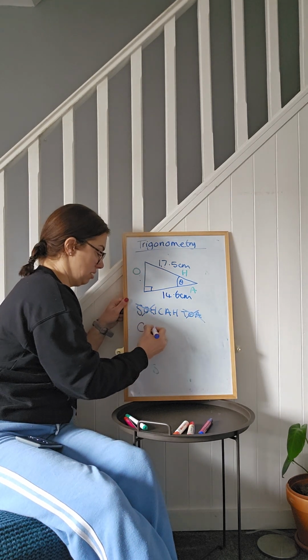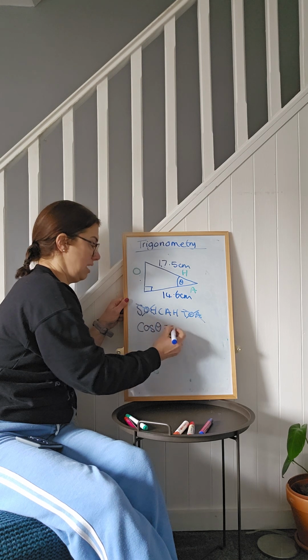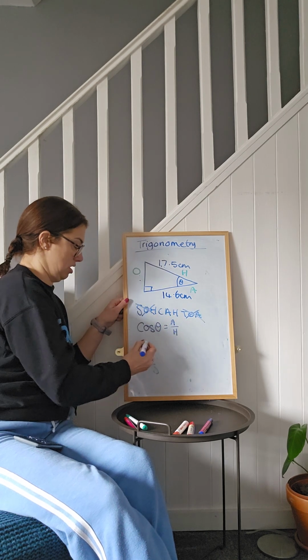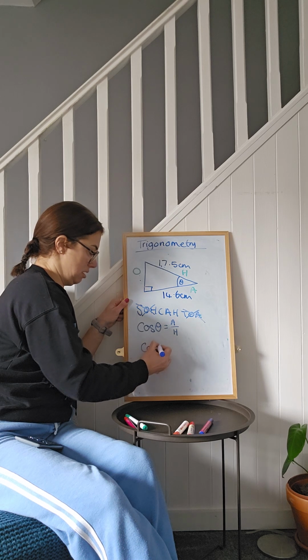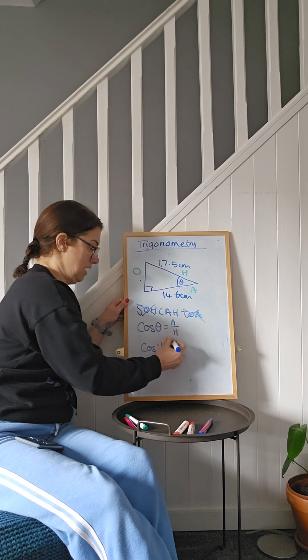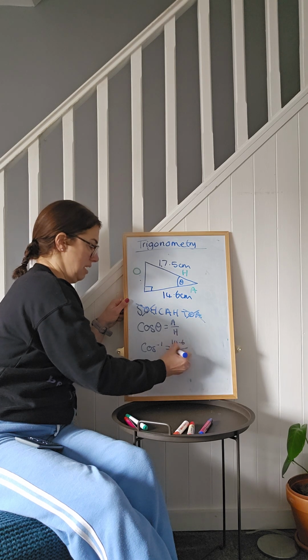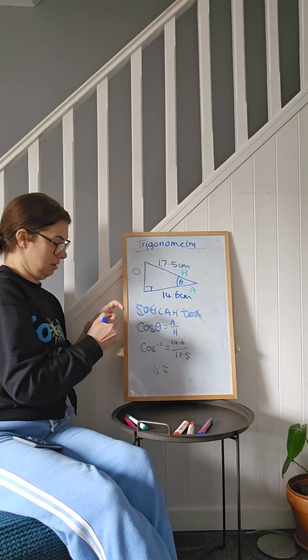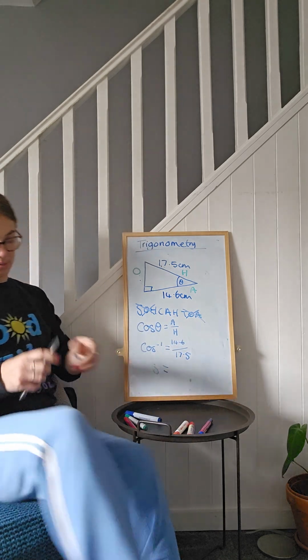So cos, we don't know the angle, and then A over H, so adjacent over hypotenuse. So cos, so we substitute in, A is 14.6, H is 17.5.